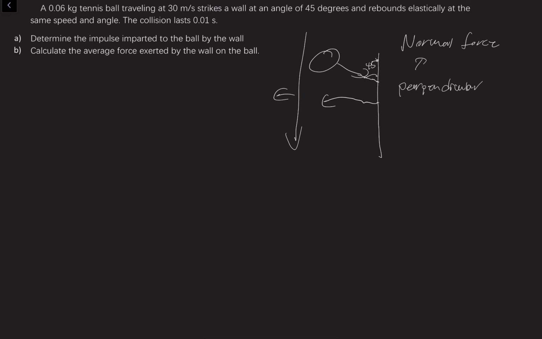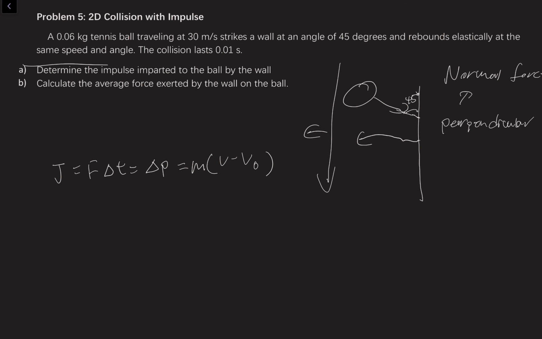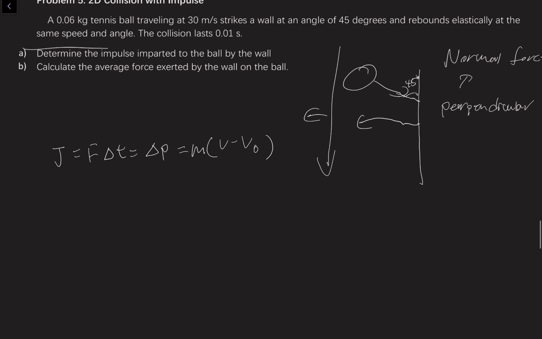So let's calculate it. We know that J equals F delta T equals delta P, which equals mass times velocity minus velocity naught. Since it rebounds at the same speed, and we assume all x direction, let's use this formula.